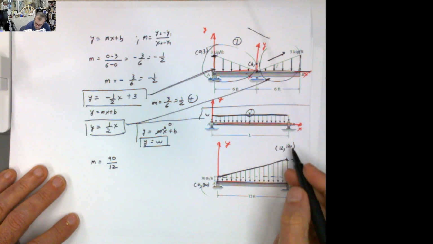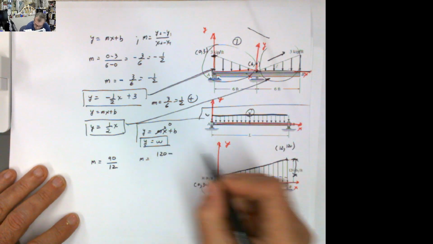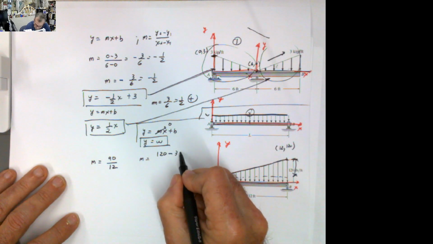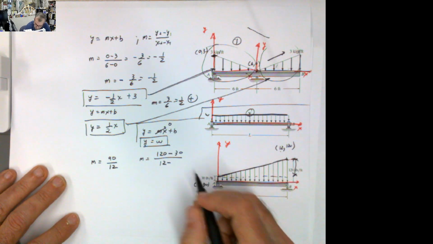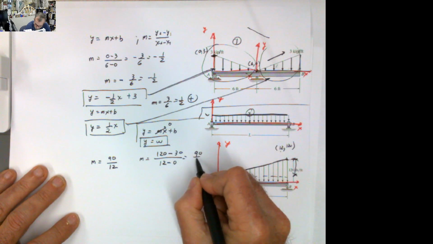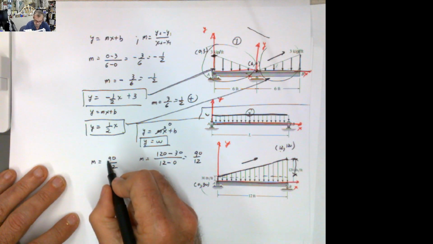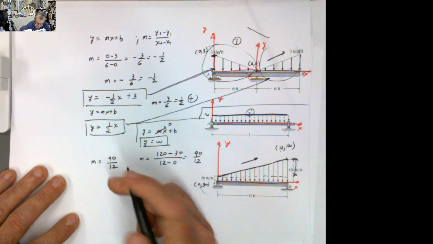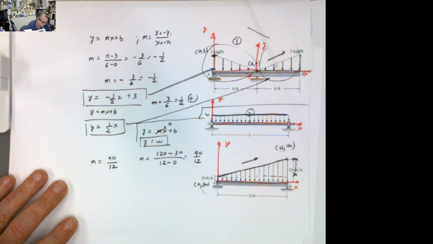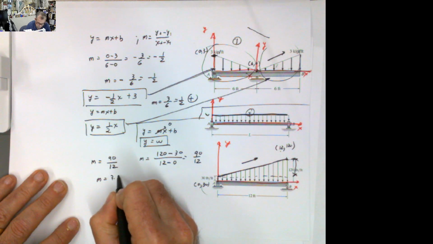If you get confused with that, use the points: slope is y2, 120, minus y1, 30, divided by x2, 12, minus x1, 0, so 90 over 12. Because it's rising, this is a positive slope. You can simplify this, or put a numerical value: 90 divided by 12 is 7.5. So your slope for this problem will be 7.5.